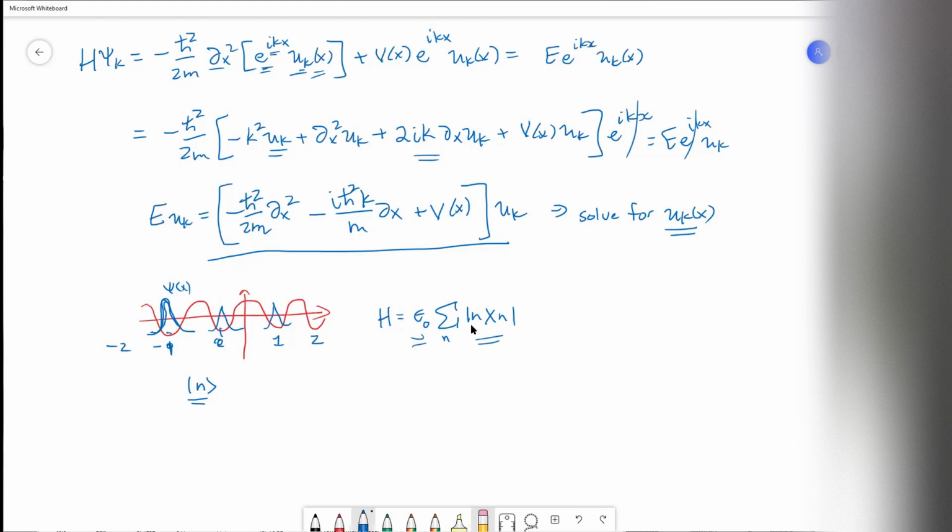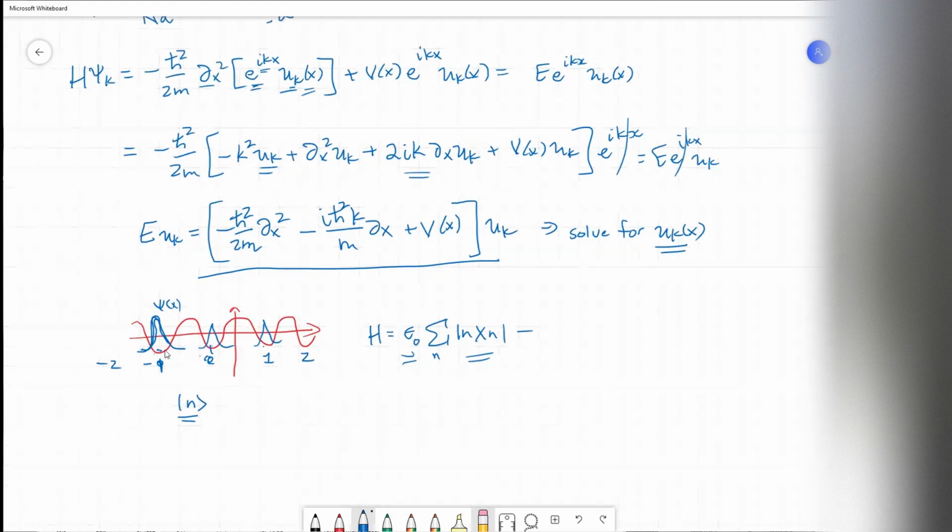So these would be the energies of the individual little bound states in each place. And then you would have some kind of tunneling, right, describing the interaction between, say, adjacent wells. And in that case, you could introduce a hopping term between adjacent wells.